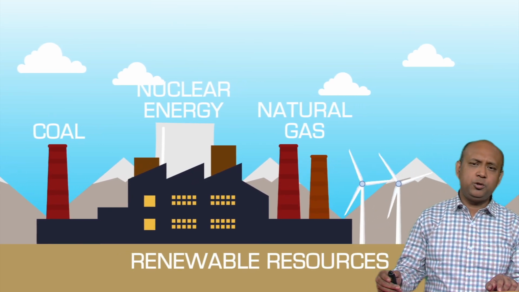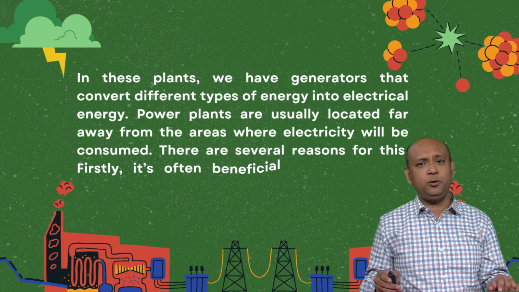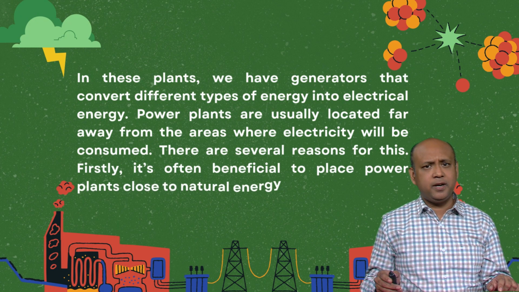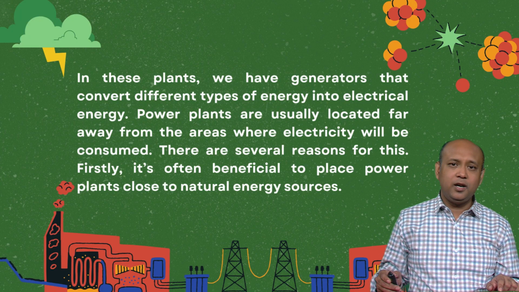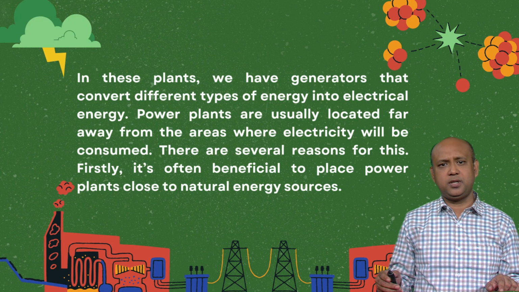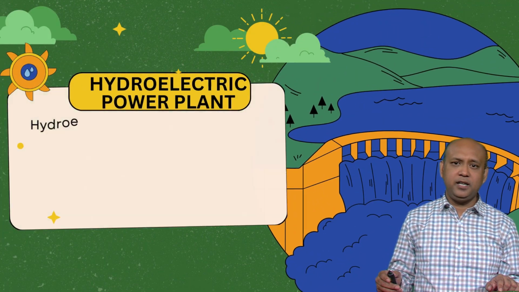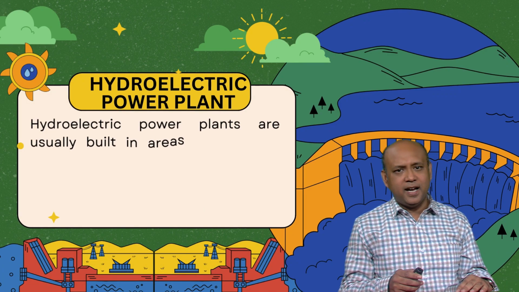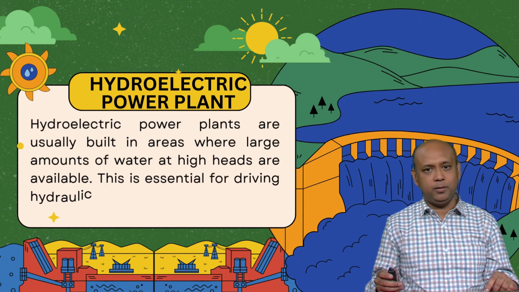Power plants are usually located far away from areas where electricity will be consumed. There are several reasons for this. Firstly, it's often beneficial to place power plants close to natural energy sources. For example, hydroelectric power plants are usually built in areas where large amounts of water at high heads are available.